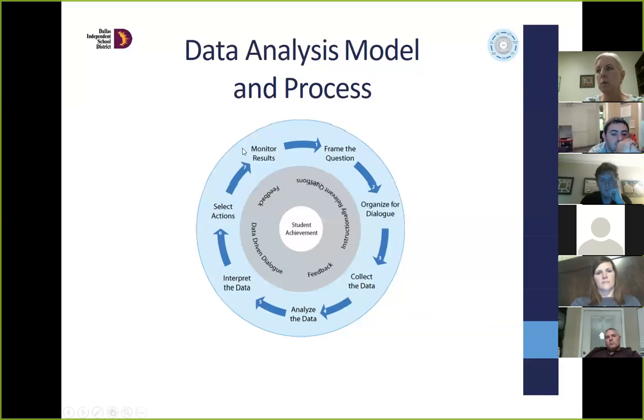But the most critical pieces of this cycle are you have to select actions, and you have to actually implement them, and then you have to monitor the results. So this is a cycle for a reason, but these are the two pieces where everybody fails and everybody stops. So we wanted to make sure that we did not do that, and that this became a continuous cycle. And they talk about that, as you know, in DataWise.